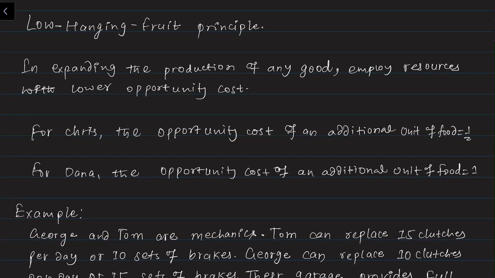For Chris, the opportunity cost of an additional unit of food is half, and for Dana, the opportunity cost of an additional unit of food is 1. So Chris has the lower opportunity cost for food. If we want to produce a little amount of food, then we want Chris to produce that amount because he has a lower opportunity cost in the production of food.